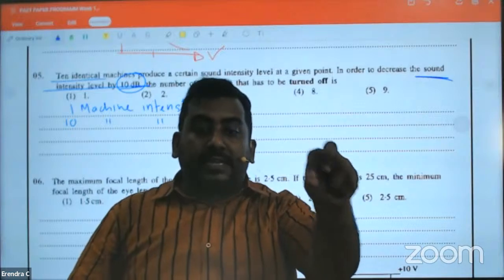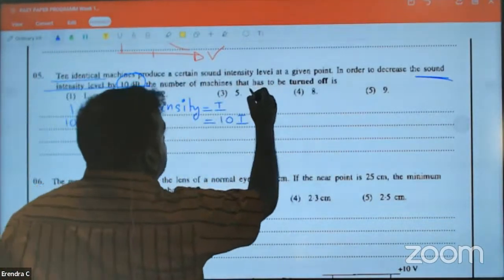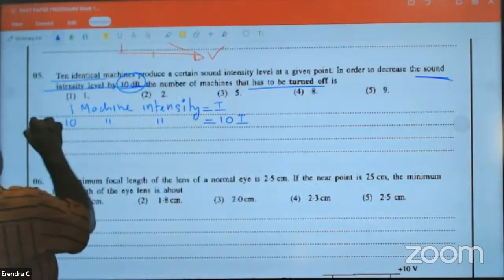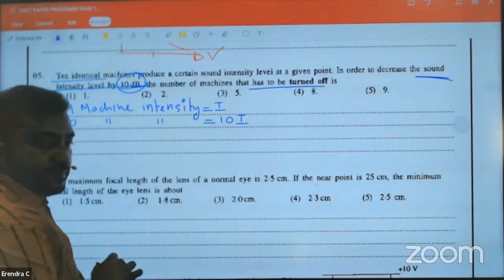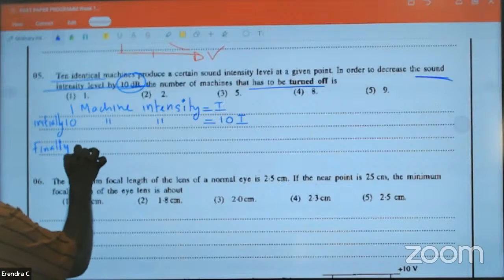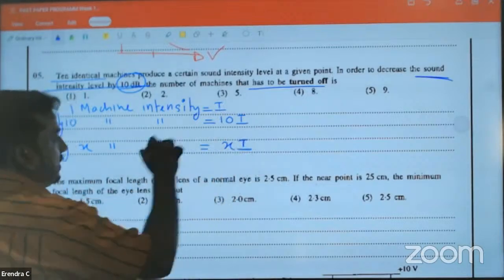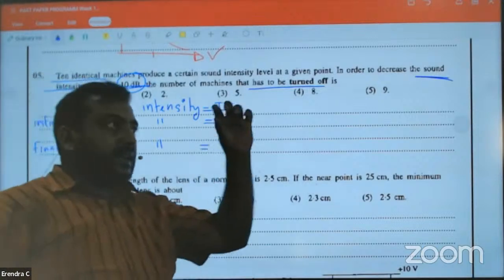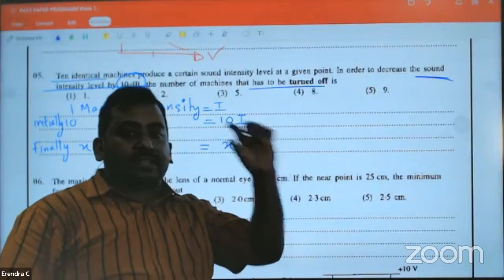How many machines should be turned off? Let's say initially 10 machines are there, finally X machines are there. So X machines means X times I, right? Initially 10 are there, finally X are there. So how much have I switched off? 10 minus X.